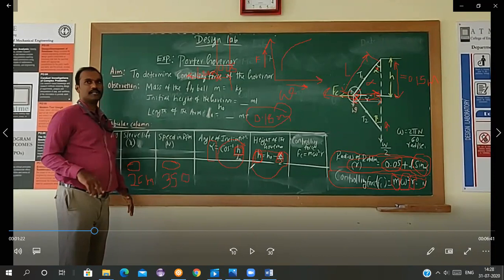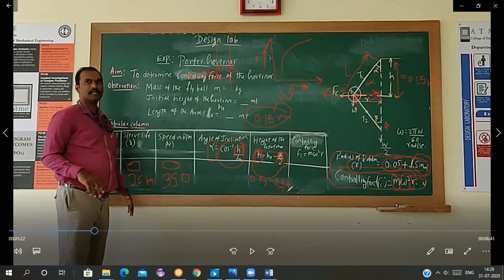So you can find out h. The initial height h was 0.15. 0.15 minus 0.02. What is 0.02? 0.02 is the sleeve lift in meters. Minus 0.02 upon 2.